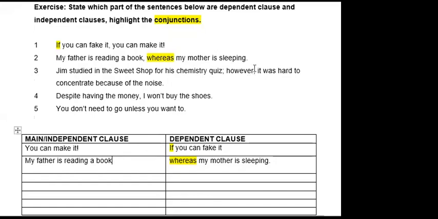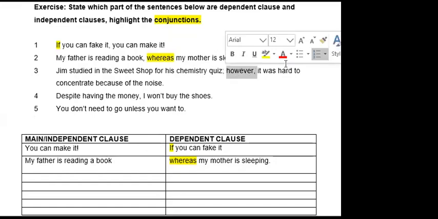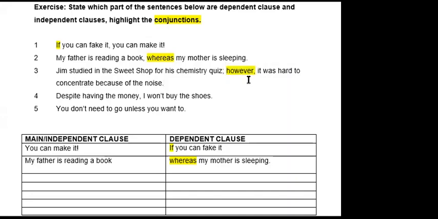"However" is the conjunction. Good, guys. Right, so the conjunction gives us a clue to what the dependent clause in the sentence is, right? So, guys, what is the dependent clause? I'll give you a few seconds to answer this because I know it's a little bit of typing.